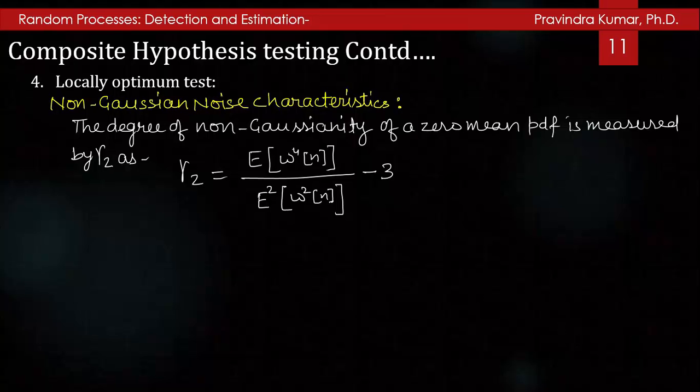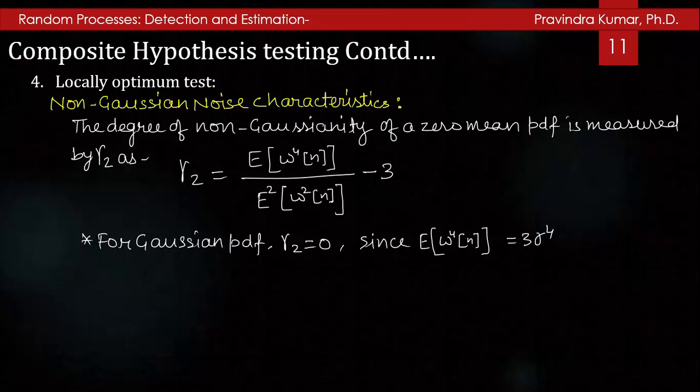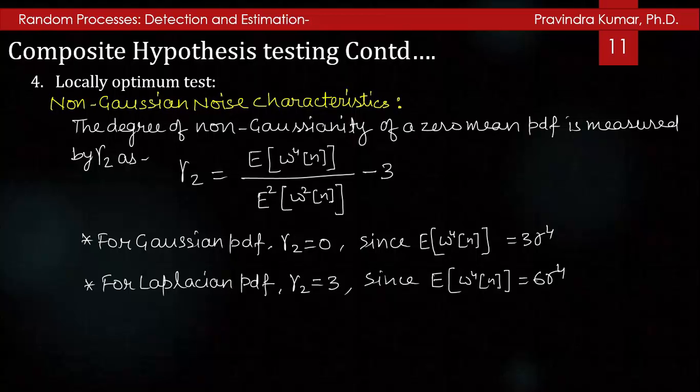And for the Gaussian PDF, gamma 2 is 0, since the expected value of w to the power 4 is 3 sigma to the power 4. And for the Laplacian PDF, gamma 2 is 3, since the expected value of w to the power 4 is 6 sigma to the power 4.